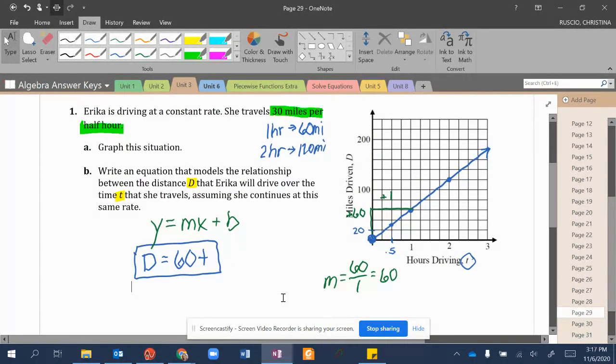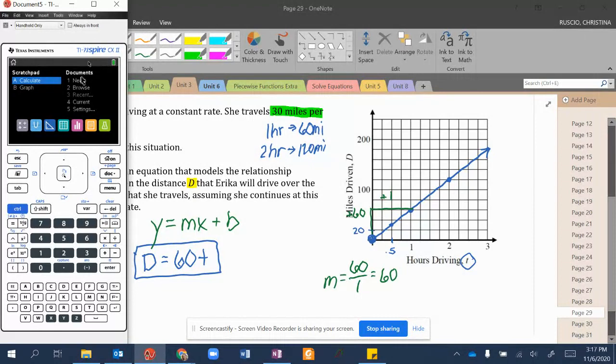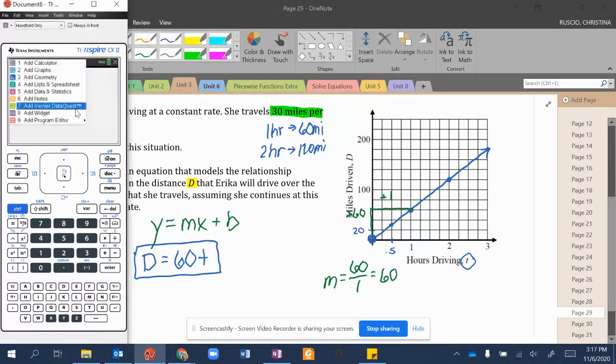Okay, now if we wanted to make sure that we are accurate, what we could do is in our calculators, in our function, we could create a new graph, and then graph 60t. In this case, we'd have to type in 60x, hit enter, and it looks like a straight up and down line, but that's just because our scale is only up to 6, and here that's going up to 200.